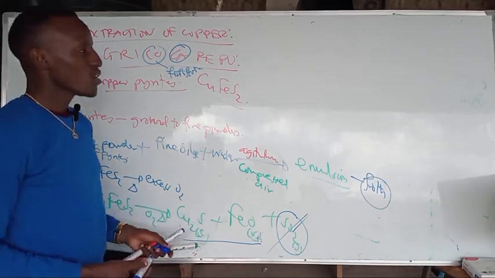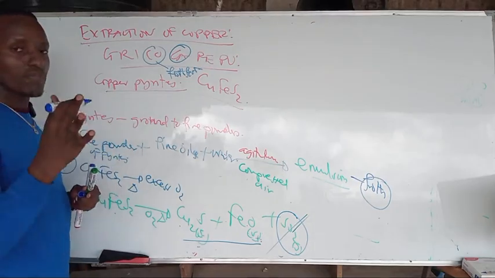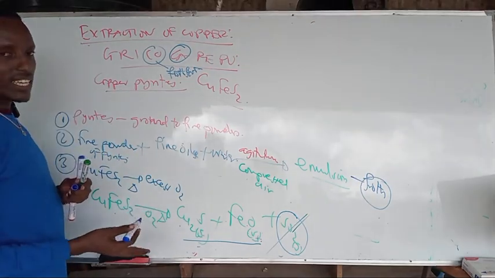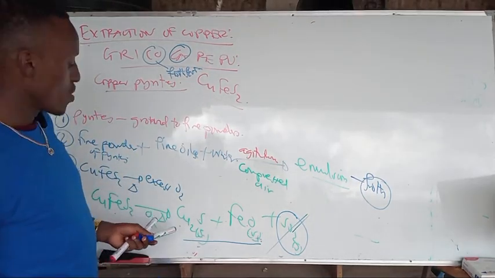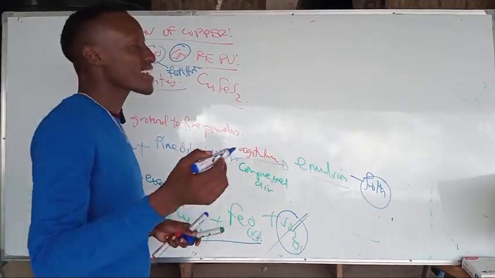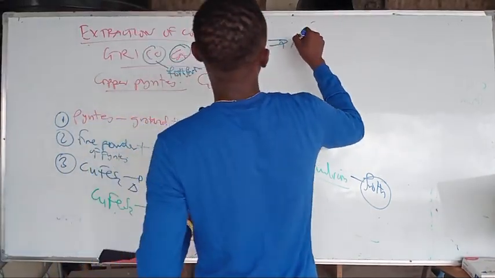How do we separate this? The first step is heating in calcination and roasting, and the second step is the addition of silica.